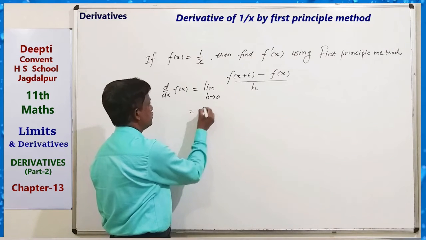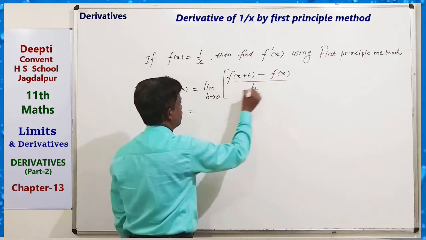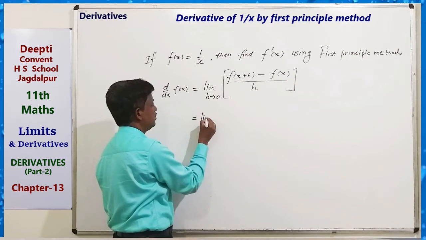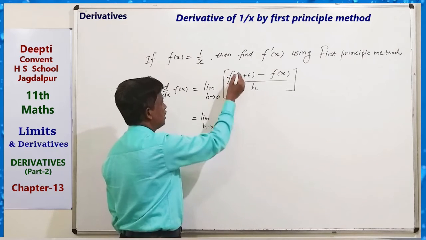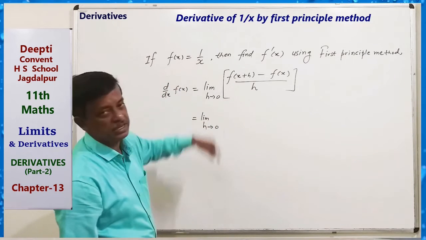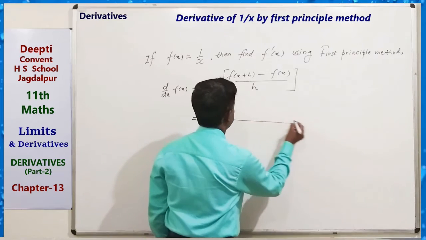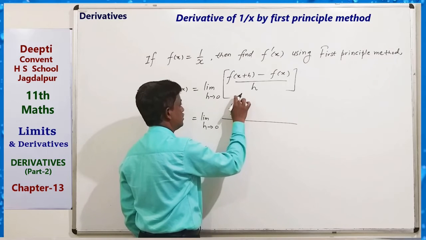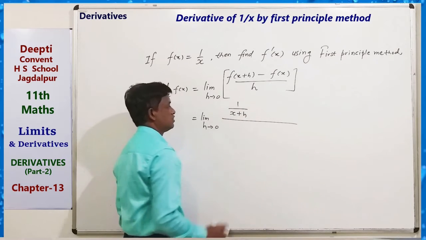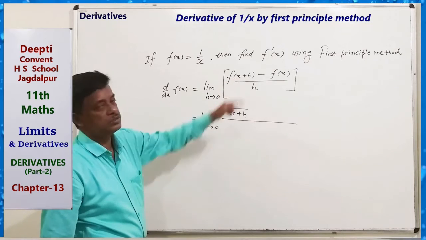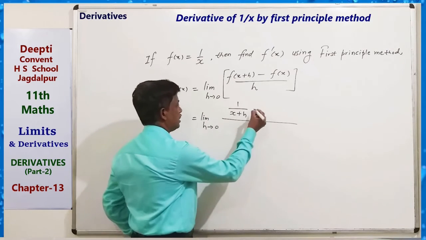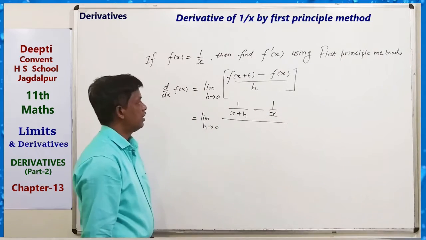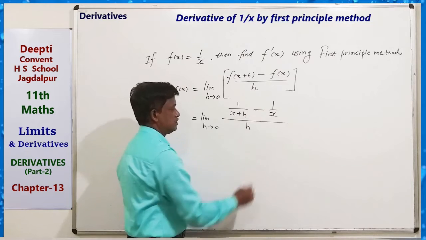So just find the limit as h tends to 0 of f(x plus h) minus f(x). f(x) equals 1 by x, so in place of f(x plus h) we can write 1 upon x plus h, minus 1 by x, all divided by h.